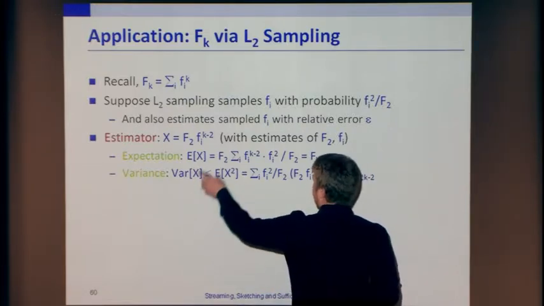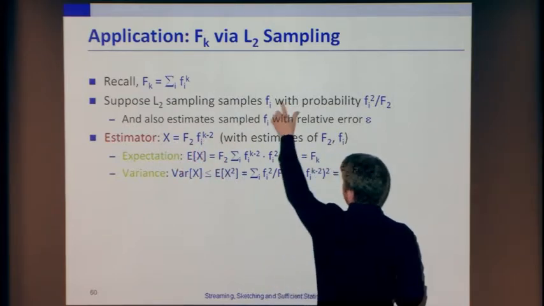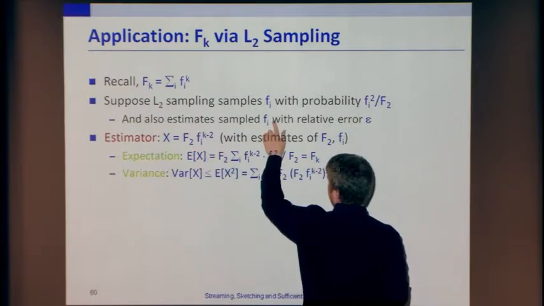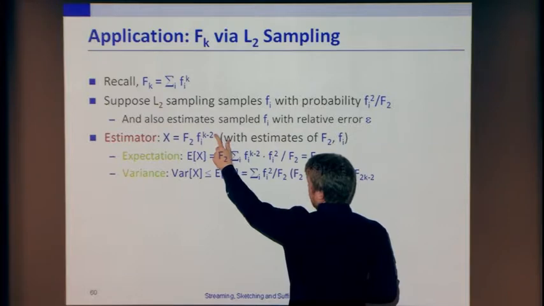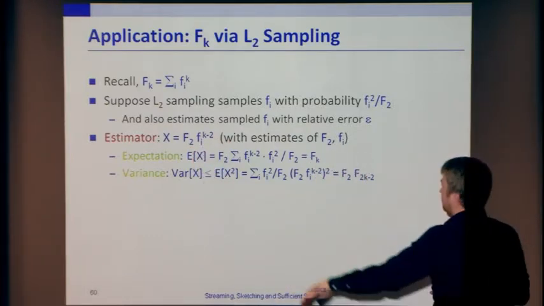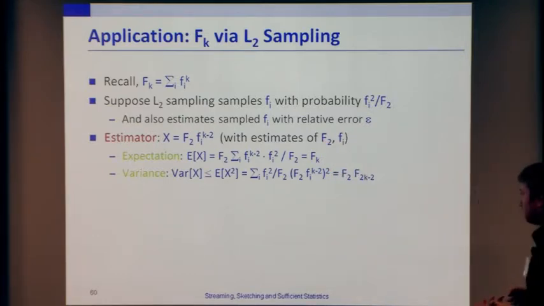So our estimator for any k greater than 2 is going to be: sample an item from this distribution, use its estimated frequency raised to the k minus second power multiplied by F2. So again, we're pulling in a lot of assumptions here. Assume we have a good estimate of F2, good estimate of f_i.